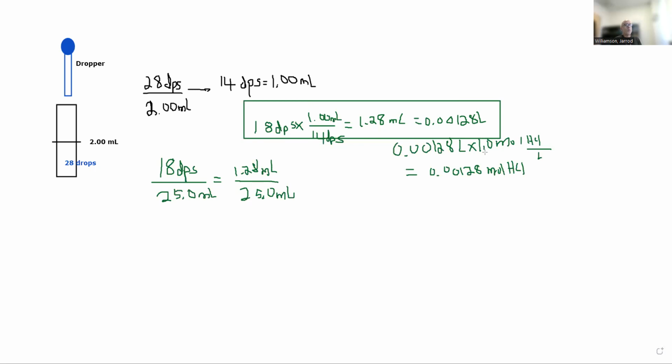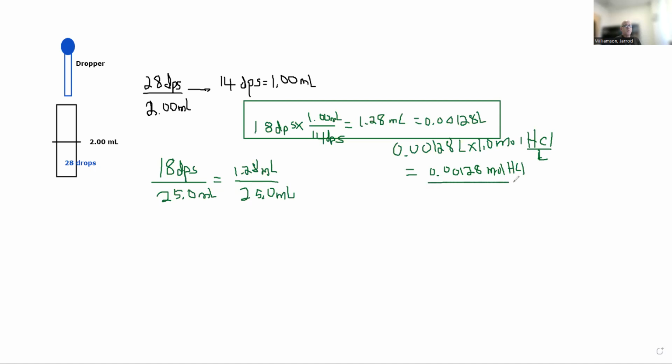Well, since we know it's 1 molar hydrochloric acid solution, I take 0.00128 liters times 1 mole per liter. This right here is moles of HCl. Okay, let me rewrite that. HCl per liter.